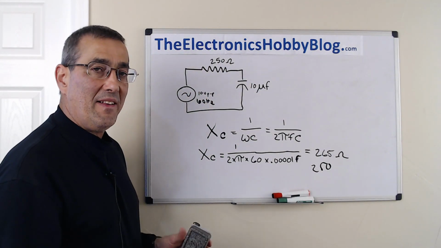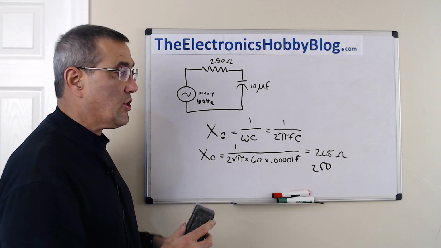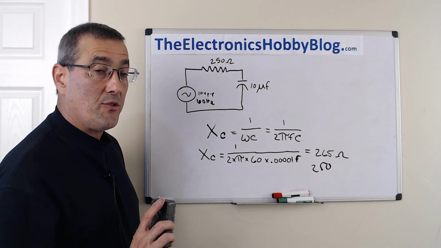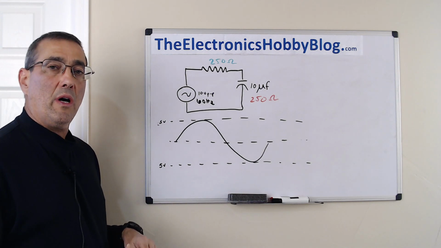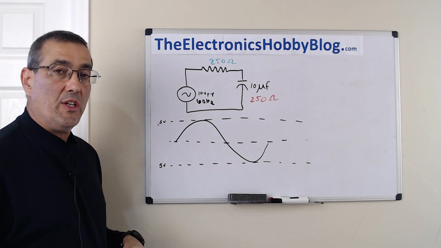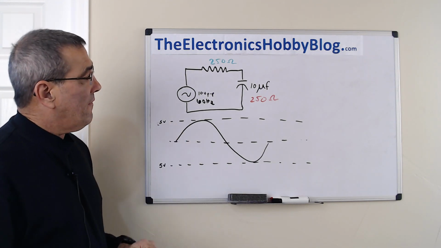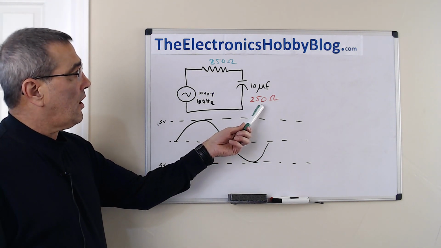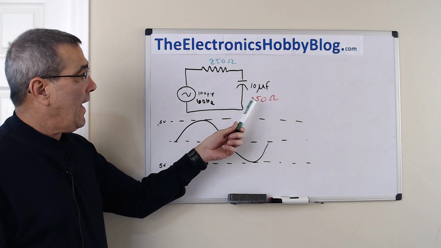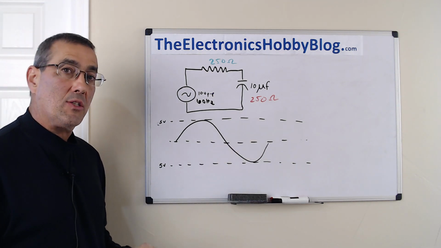So let's go ahead and take a look at the waveforms in this circuit. You're going to see something very interesting. Okay, so let's talk about what's happening in this circuit in terms of the waveforms, the AC voltage itself. Well, very interesting. We know that the voltage across a capacitor can't change instantaneously.